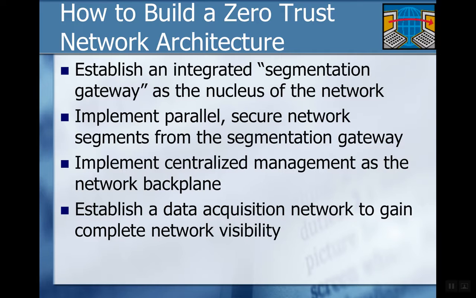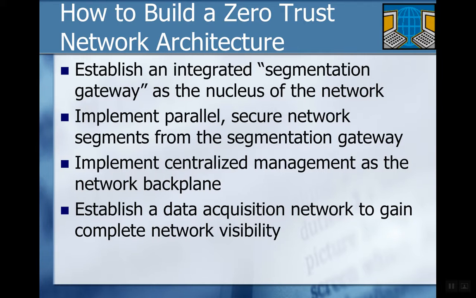Now, how do you build this thing? This is an ongoing challenge for organizations because there's already existing infrastructure out there. So trying to move to a zero trust environment is not a trivial task. One idea, as a starting point, is to create, as the nucleus of this, an integrated segmentation gateway, a centralized security infrastructure.